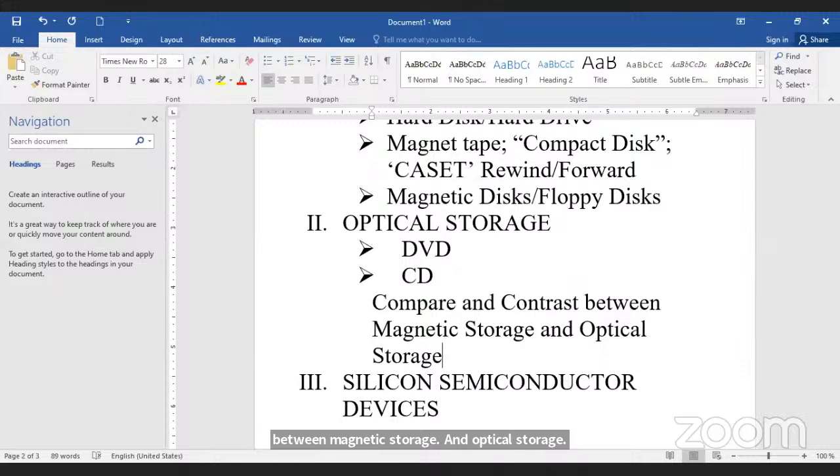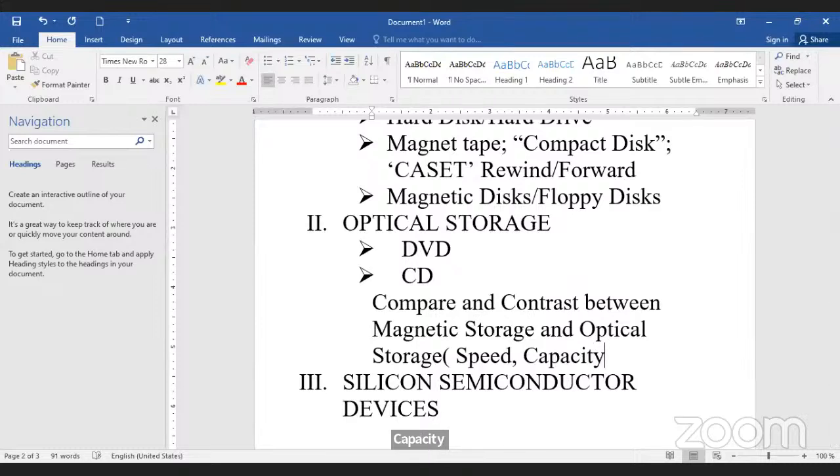So advantages of magnetic tapes. When you are comparing and contrasting, some of the factors that you need to put into consideration are the speed, capacity, right? Also, you need to consider the costs and the convenience.